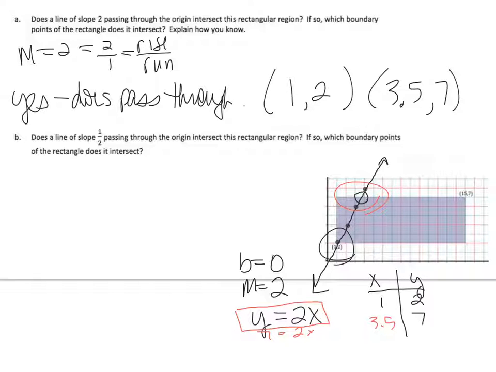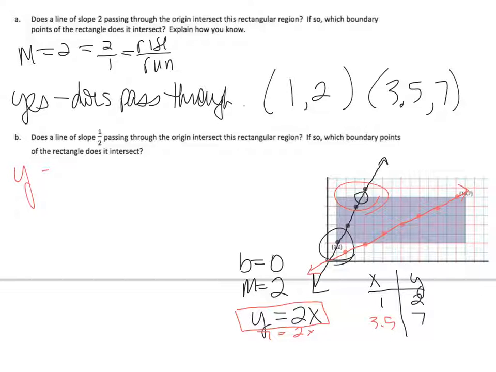Does a slope of 1/2 passing through the origin intersect this rectangular region? If so, which boundary points of the rectangle does it intersect? So I've got 1/2, up 1/2, up 1/2, up 1/2. So there's my line. What's my equation of this line?